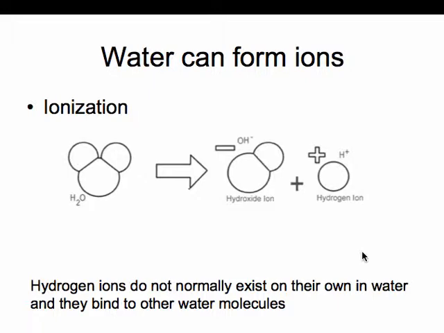Most equations in most textbooks will write this equation just like it is on this slide. However, hydrogen ions really don't exist on their own in water. So normally they will bind to another water molecule, and when they do, they make hydronium, so that's H3O, or they will recombine with hydroxide and make water again.